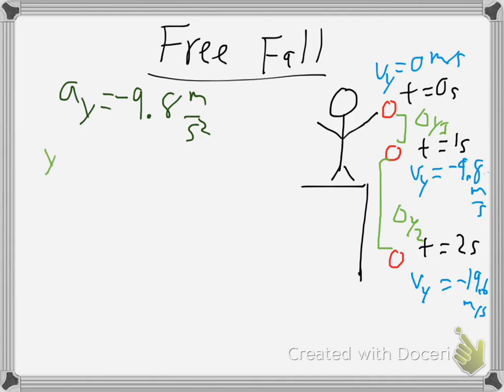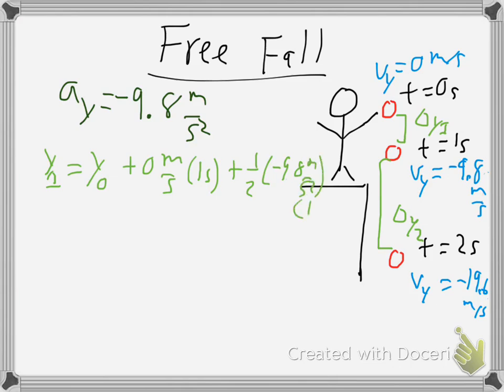So if I want to find y1, it is equal to y0, the position at t equal to 0, plus our initial velocity, which was 0 meters per second, times the time difference of 1 second, plus 1/2 times minus 9.8 meters per second squared, times 1 second squared.